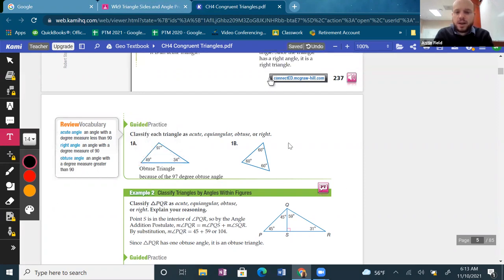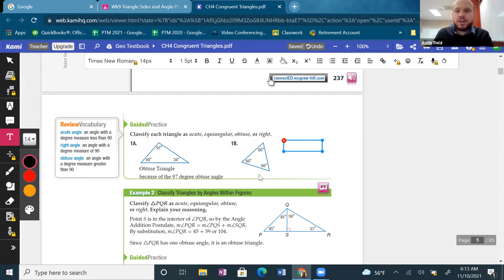And how about this one here? 60, 60, 60. Well, it is equiangular because all those angles are the same. We could also say it's acute because all angles are acute. All right.